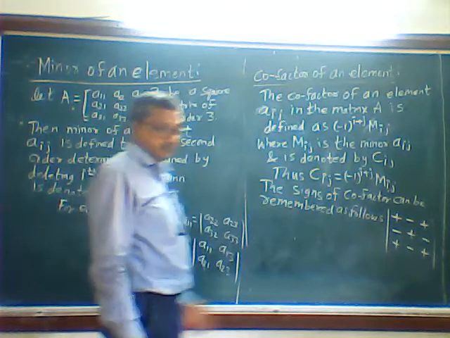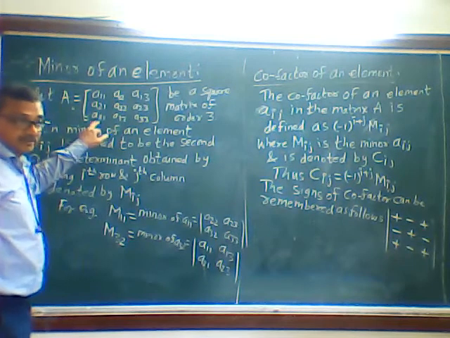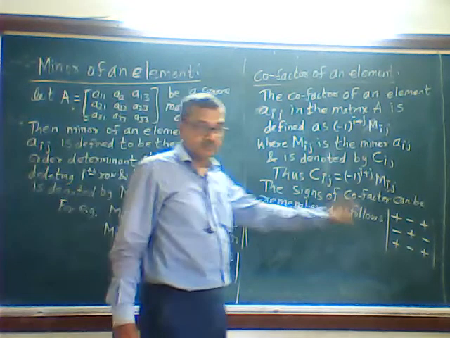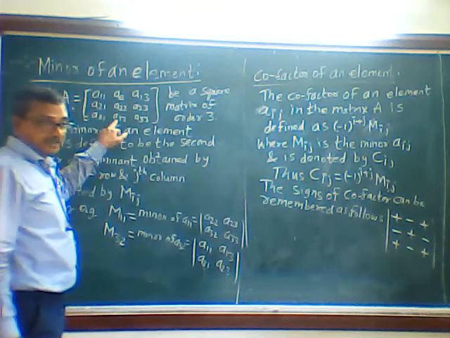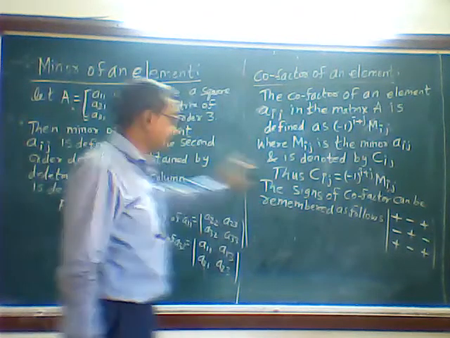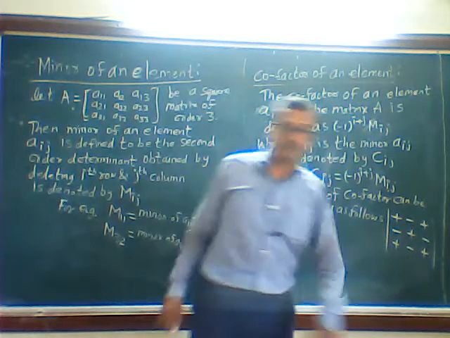Same way, the bottom row. A31. 3 plus 1 is 4, an even number, plus. Next is negative. A32. 3 plus 2 is 5, odd number, negative. Next, A33. 3 plus 3 is 6, an even number, positive.